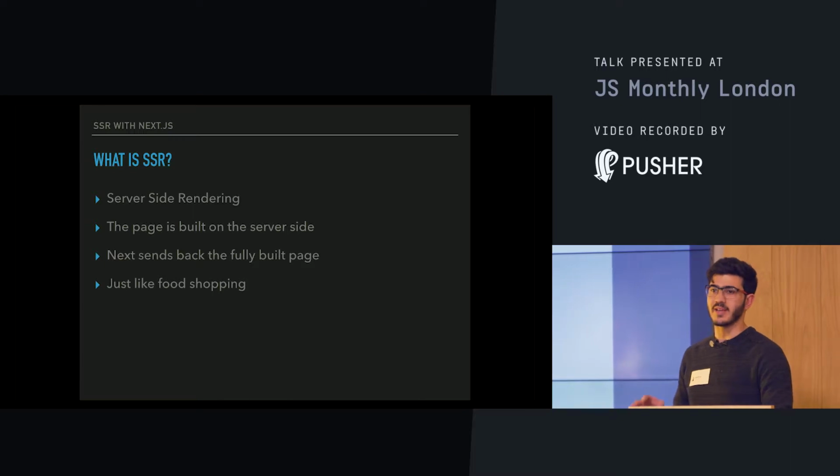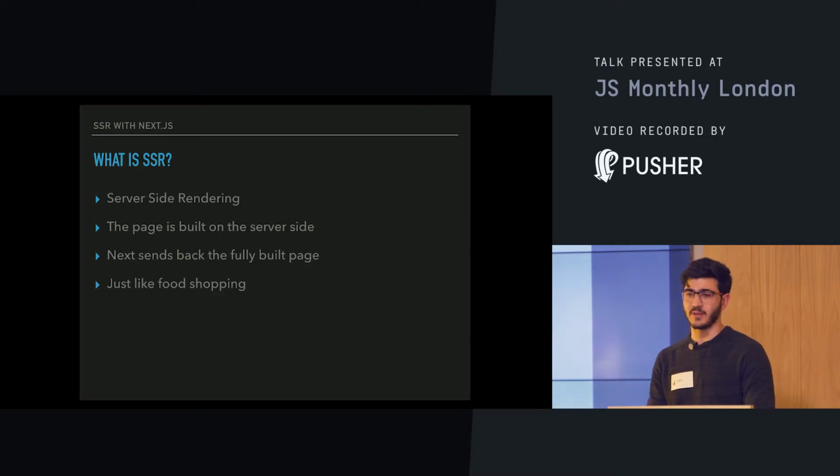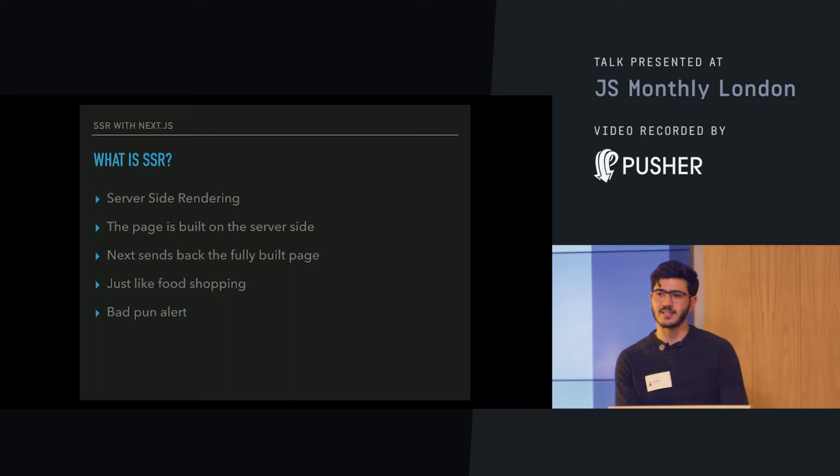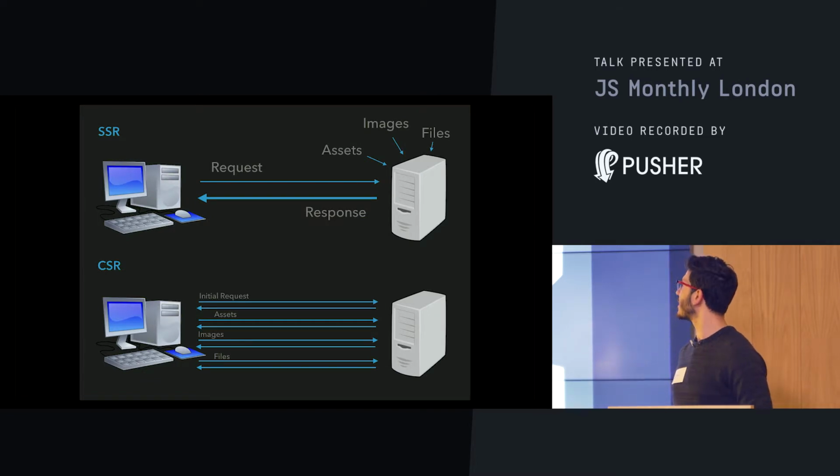The time to first byte in both instances is a little longer for server-side rendering and your weekly food shop, but you won't have to keep making additional requests to the server or the shop. So yeah, like I said, time to first byte is longer by using server-side rendering. So here is a much nicer explanation on that.